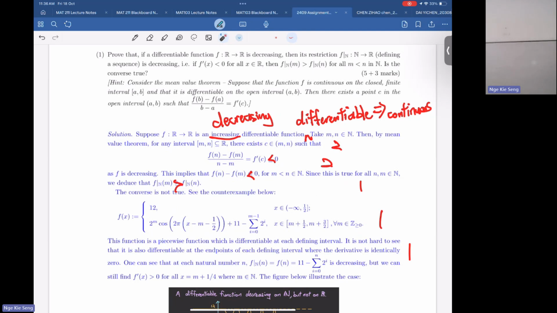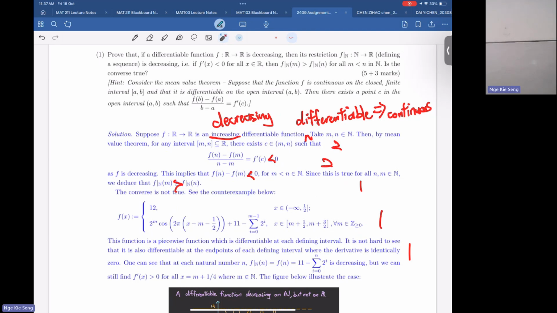The way we prove it here is to use the definition of decreasing using first derivative less than 0. Then I ask you to use this property to show that the sequence defined by this function is also decreasing. How do you relate the derivative back to the original function? One way to do it is the mean value theorem.